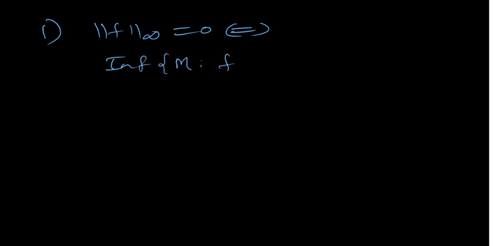Yes. So norm of infinity is equal to 0 if and only if its essential supremum is equal to 0, if and only if the infimum of m's such that mod of f of x is less than or equal to m is equal to 0.